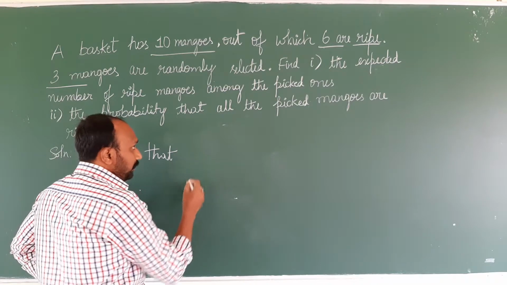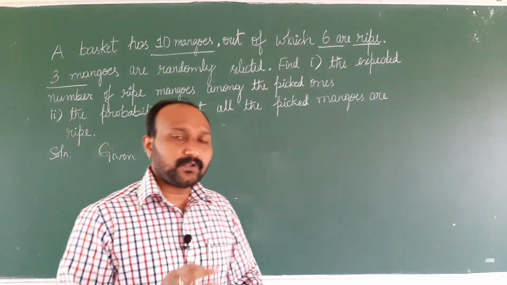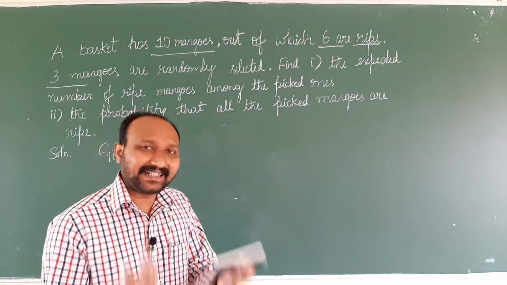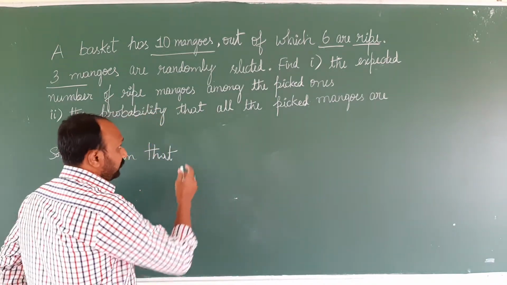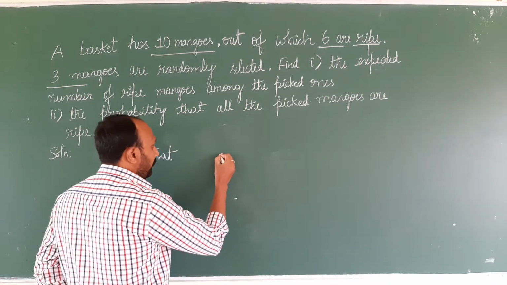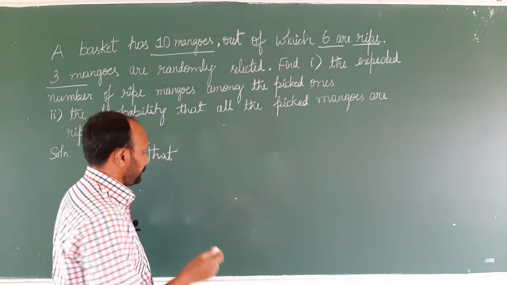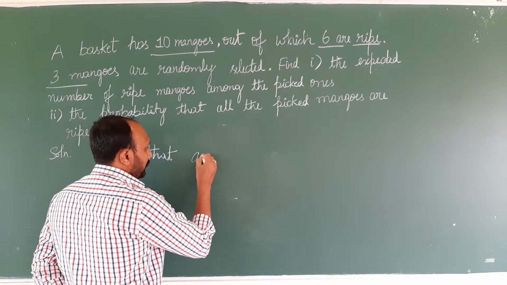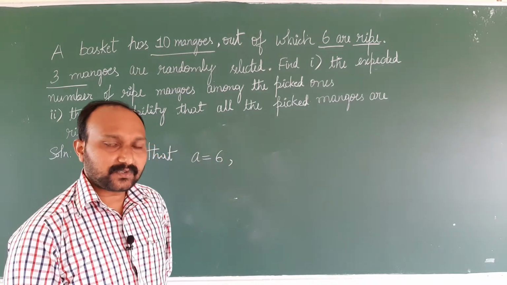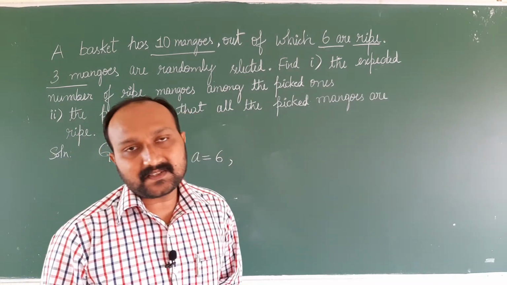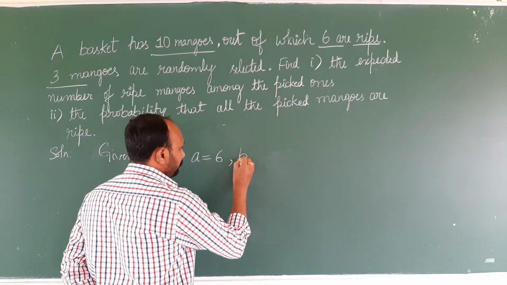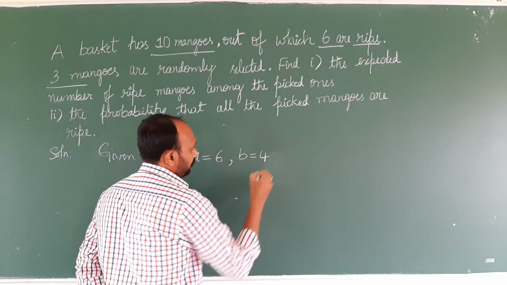We need to know the number of units or elements present in the first category having a particular characteristic. They have given us that out of 10 mangoes, 6 of them are ripe. So A is equal to 6. If A is equal to 6, then B is equal to 10 minus 6, that is 4.